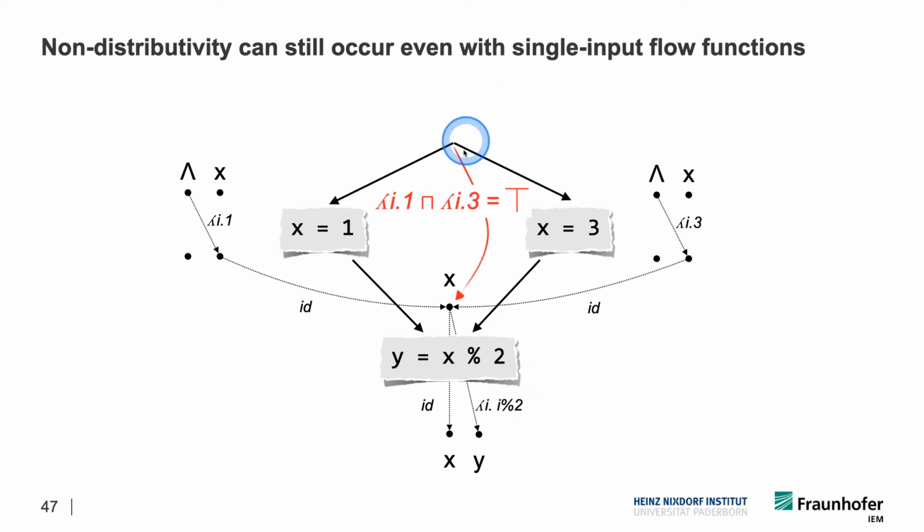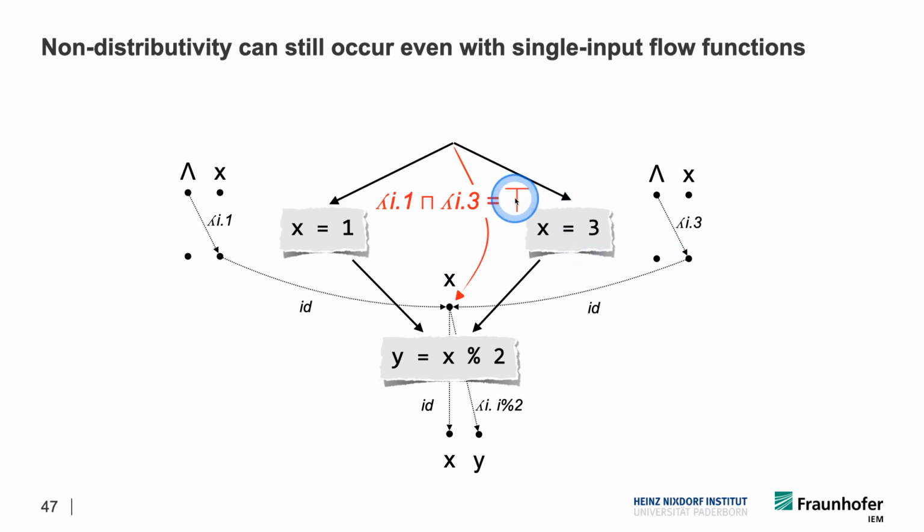But the problem is that at this merge point, we somehow need to merge together these two constant functions. We have the same situation we had earlier: one control flow branch where we have the constant function 1, and the other where it's 3.